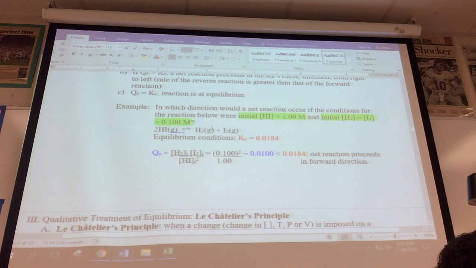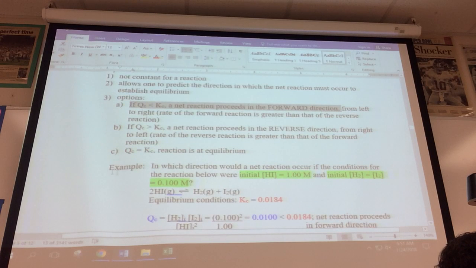That will drive up the concentration of product so that you can achieve equilibrium where Q and Kc are equal. We'll see a lot more of this next time. At this point, just understand the conditions and what happens, but we'll drive that point home in great detail next time.